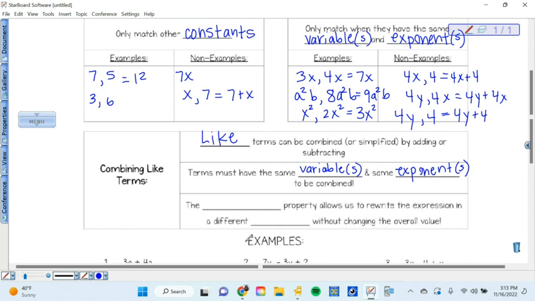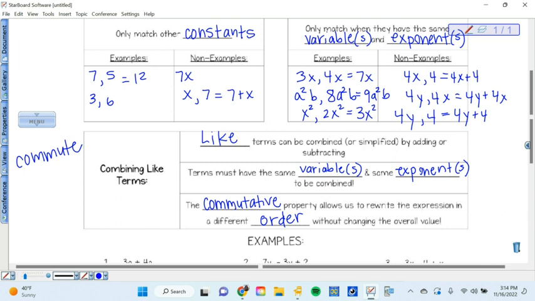And we have this thing called the commutative property that allows us to rewrite the expression in a different order without changing the overall value. Do you know what this word means, commute? Anybody?